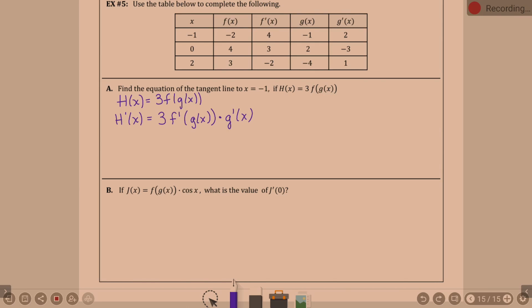Okay, what do we need to do with this derivative? Plug in -1, yes? So plug in -1, so 3 times f prime of g of -1 times g prime of -1.